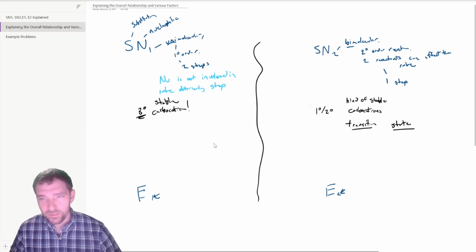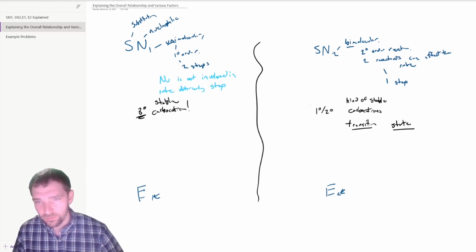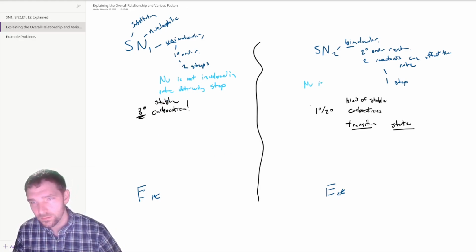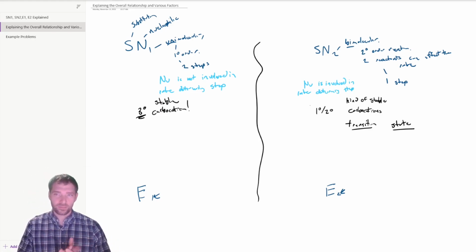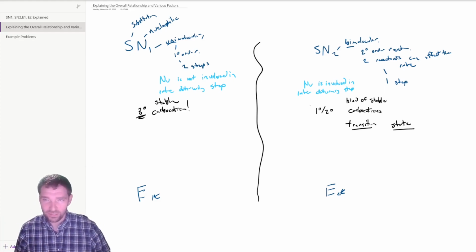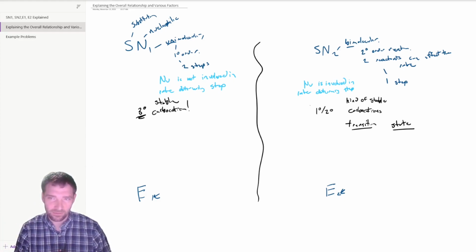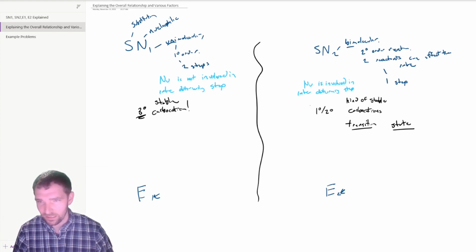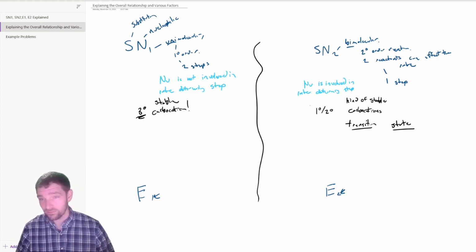If we're talking about SN2, suddenly the nucleophile is involved. And so this means that if you've got a ton of nucleophile, the reaction can go faster, and you could even make things go more like an SN2 or E2 kind of reaction if you have a ton of nucleophile.